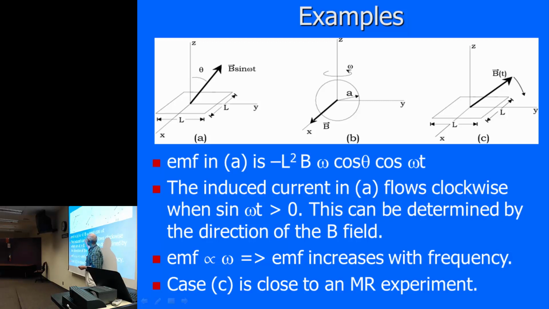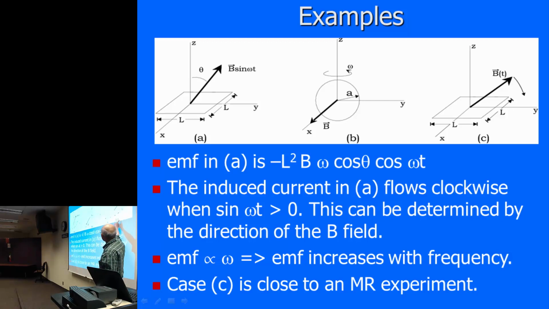That is actually from that sine omega t. When we calculate the time derivative, we get this extra omega. That extra omega is the frequency, and we will see why that is important a little bit later.